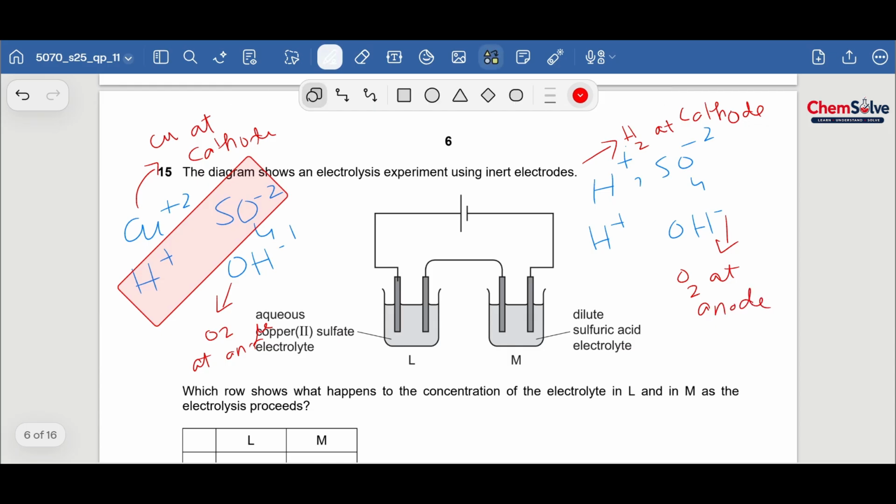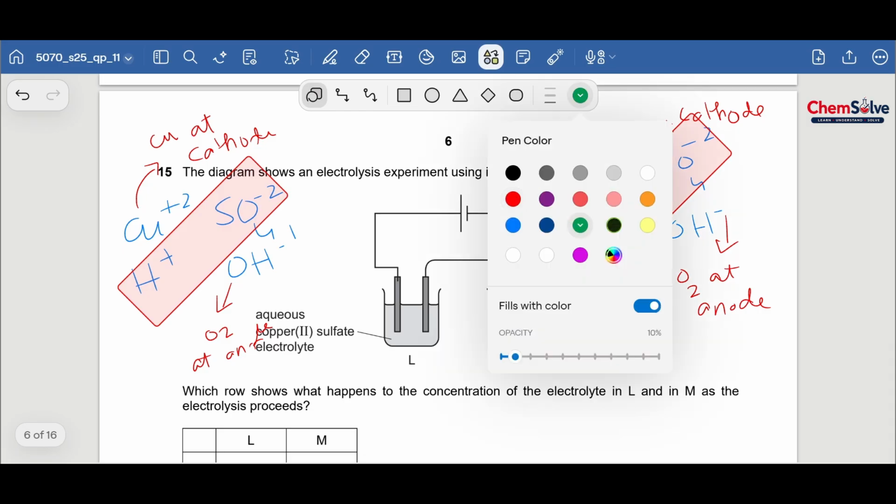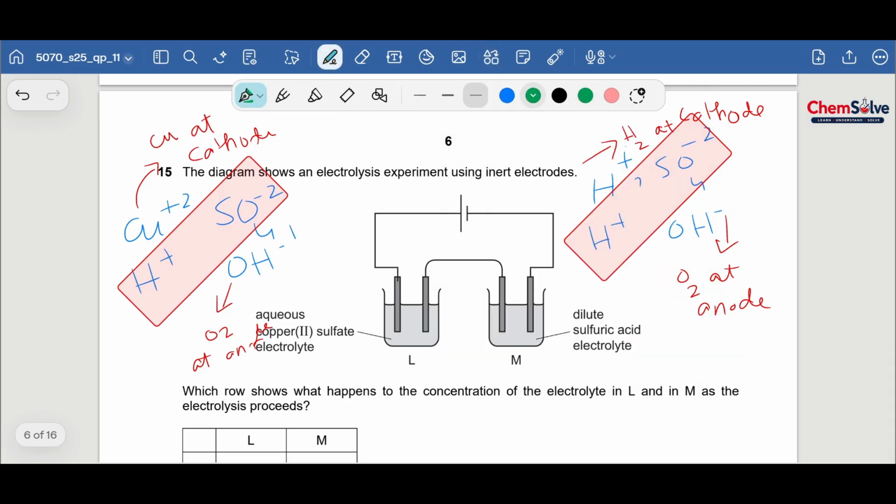So in this way, here we will be left with again hydrogen and sulfate ions. So on the right hand side we are left with hydrogen and sulfate ions.